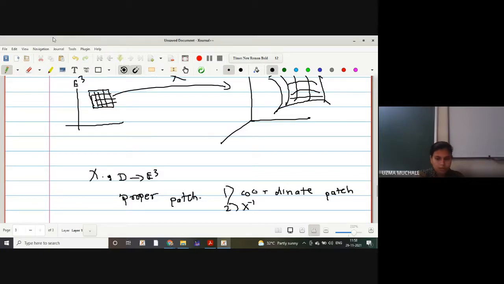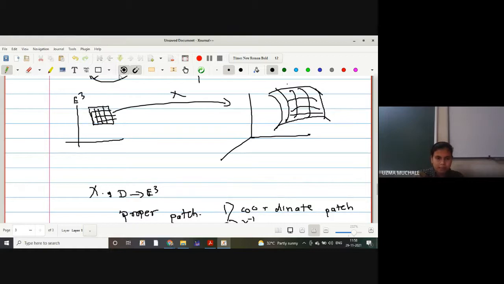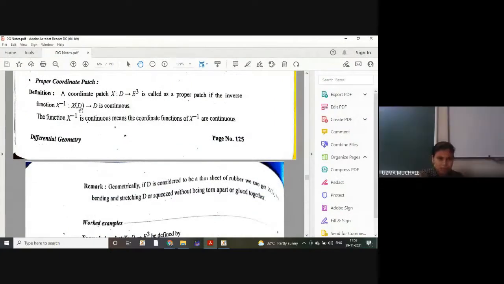Now how are you going to define x inverse? We know the mapping X is from D to E3, correct? So the inverse will be directly from x of D, because x of D is actually the object you get. So the inverse mapping I can define directly from x of D to D, correct?